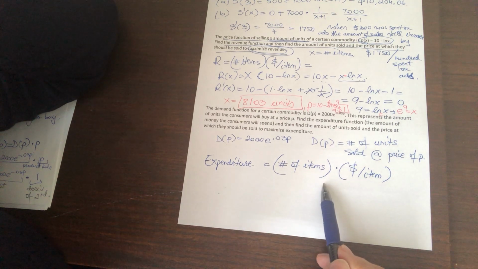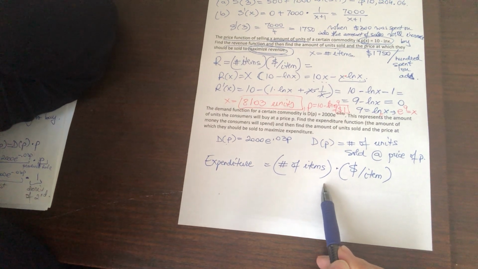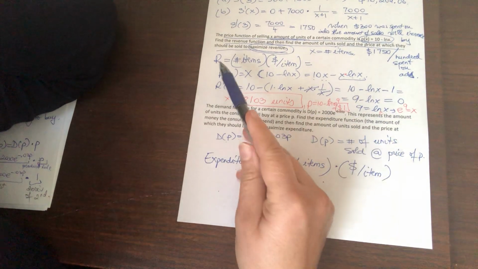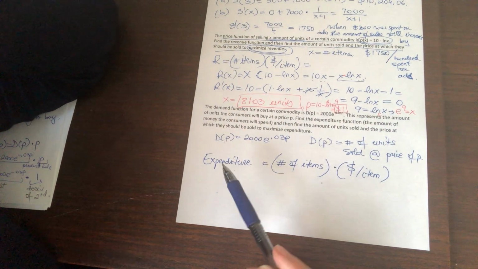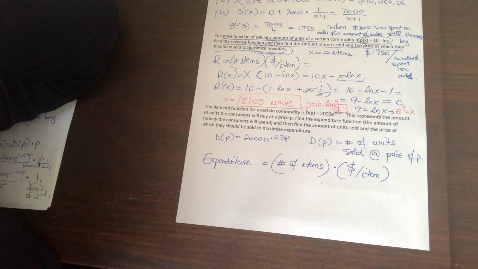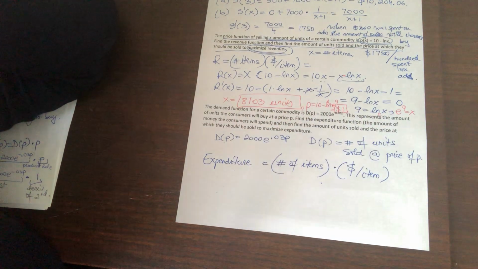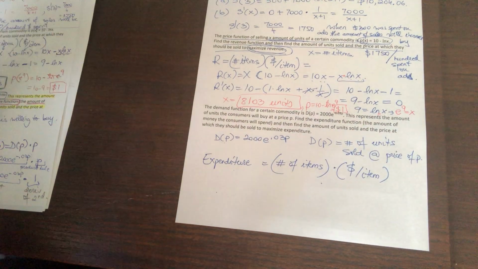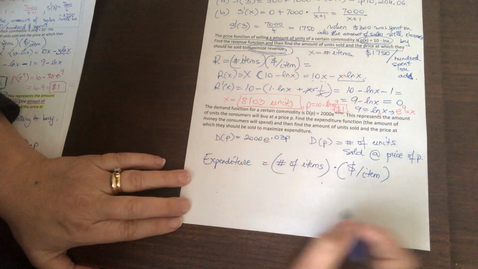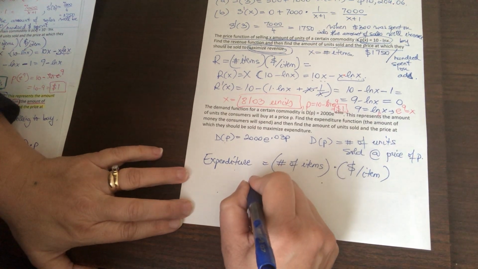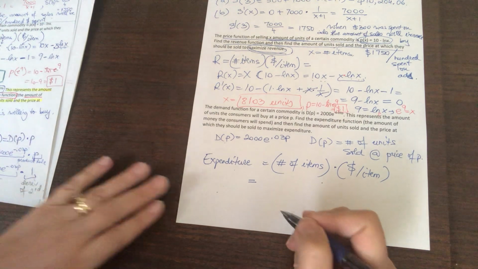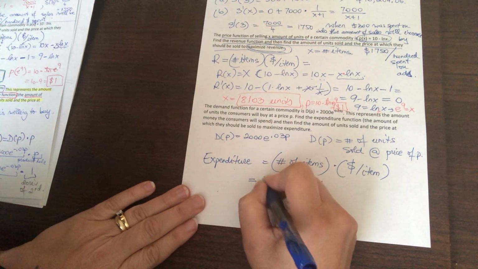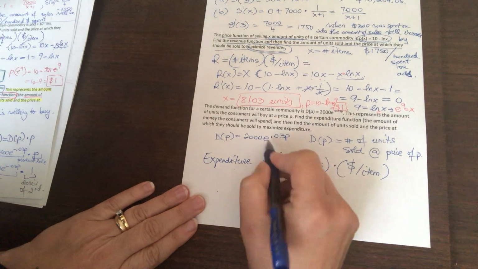Another way, we can look at it as money spent out of the pockets of the consumer. So expenditure is really the same thing as revenue, just looked at from a different point of view. Expenditure is what's being spent. Revenue is what has been made. Okay, but it's the same. So how many items are we buying? Well, D of P, right?